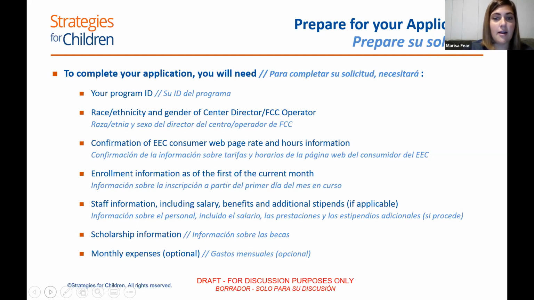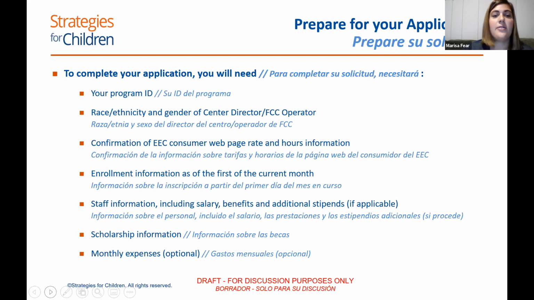There's a section where the department has uploaded information from its child care search tool about your program's rate and hours, and they want providers to either correct and change those rates and hours, or to certify that they are correct and move forward in the application if they are right.